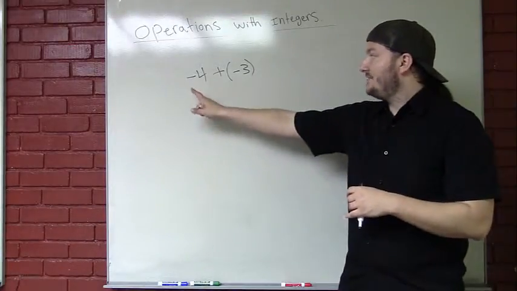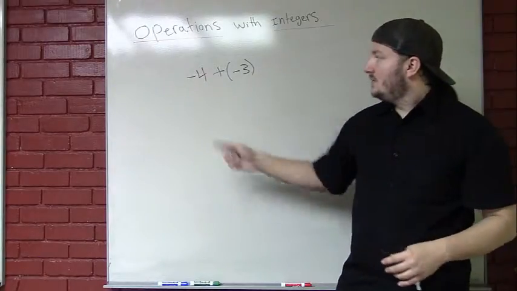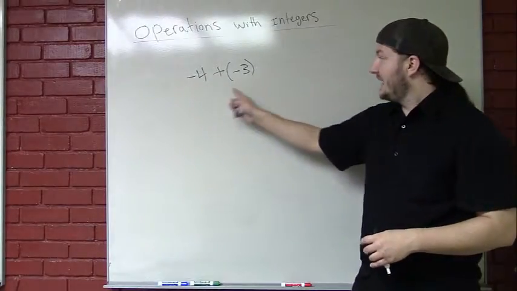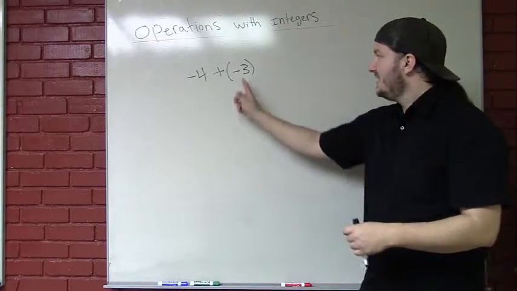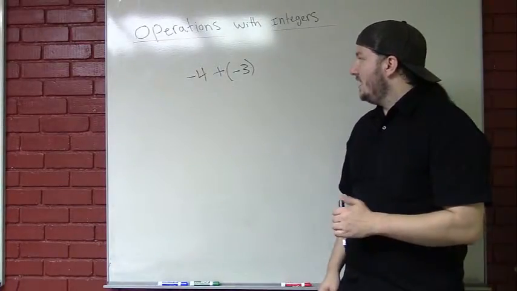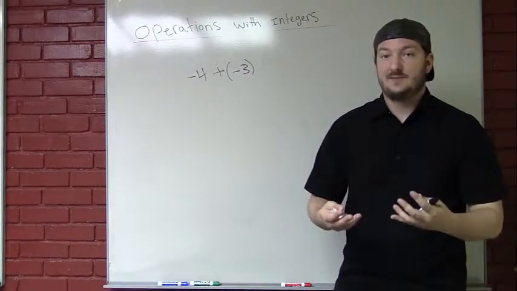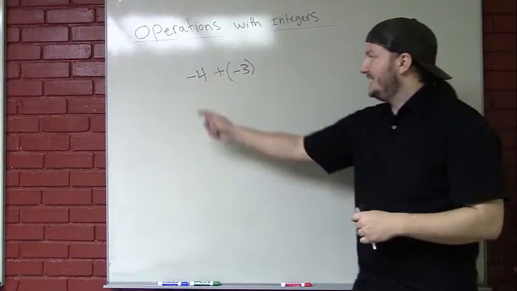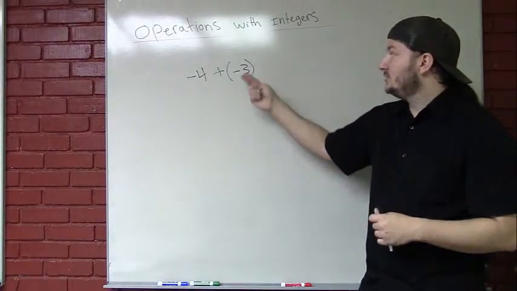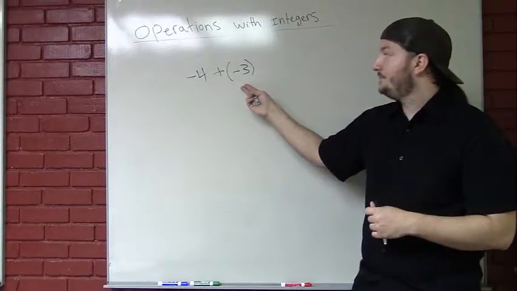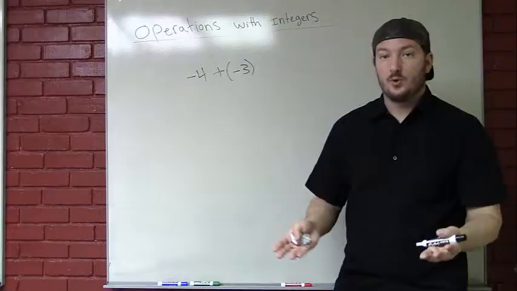Let's say you have negative $4 in your bank. And then for overdrawing in your bank account, they hit you with another fee. Boom. You know, banks like to do that. They hit you with another fee of $3, okay? So what's your bank account going to read at this point? Or another way you could think of it is you owe someone $4 and then you owe someone else $3. How much do you owe in total?